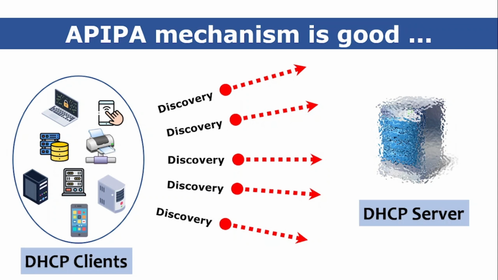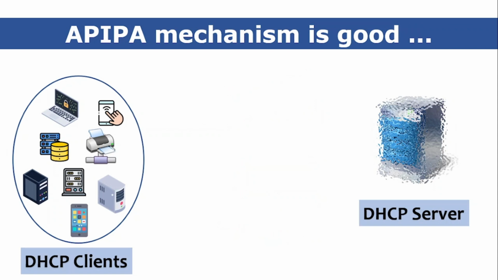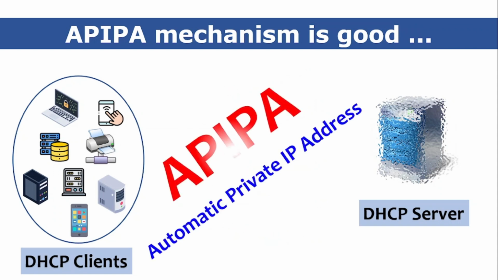To control these DHCP broadcast messages, Microsoft introduced the concept of APIPA in their Windows operating system. This concept of APIPA is only applicable to the Windows operating system.